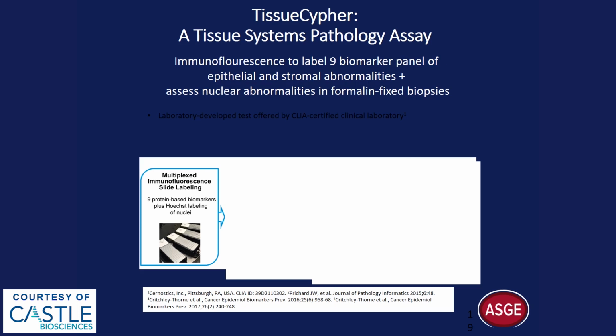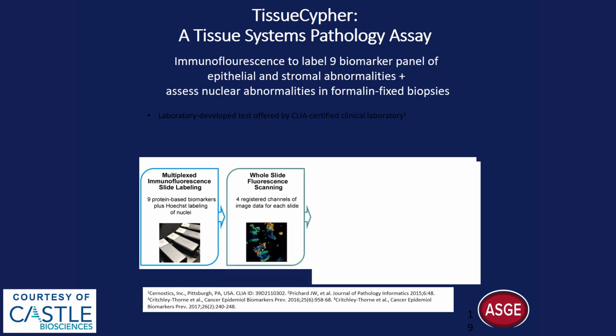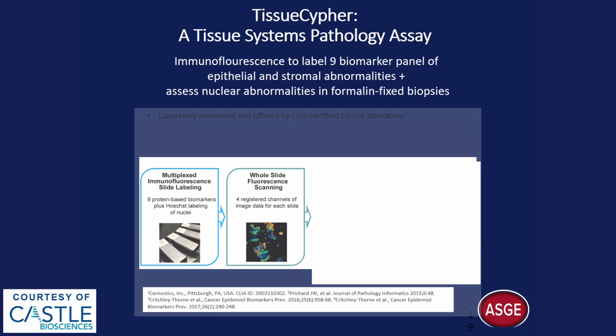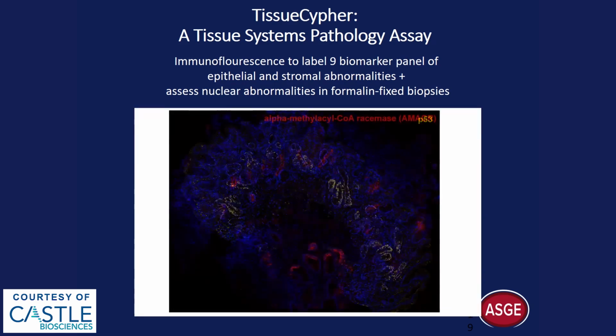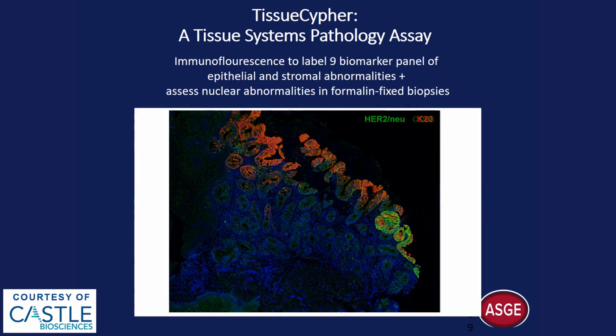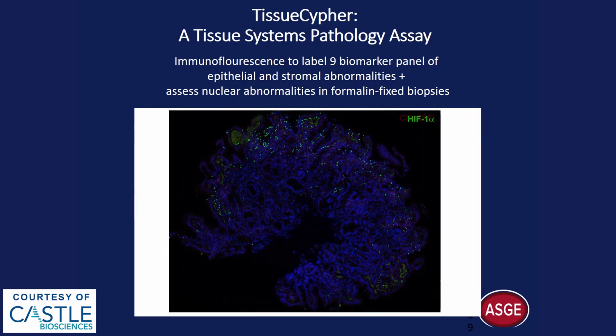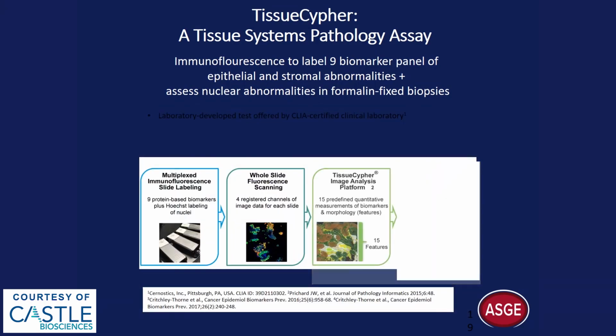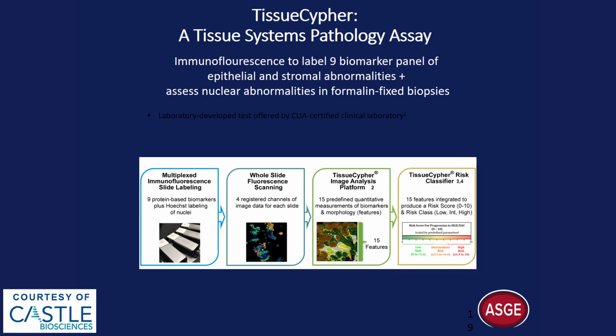Therefore, using these biomarkers, one can then stain for immunofluorescence and then calculate a fluorescence intensity score to create this TissueCypher risk profile, which integrates 15 features to produce a risk score from 0 to 10 and risk class of low, intermediate, or high.